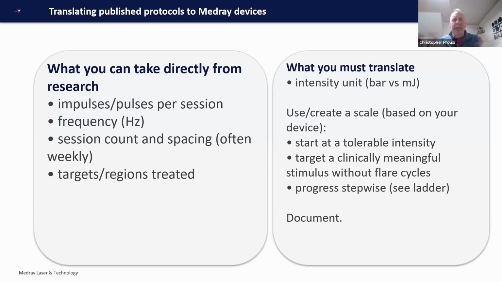But even then, it's not specific to a tissue right now. And then, what if the literature is in bar versus millijoules? That's where it gets challenging, because bar is a pressure setting, right? It's a conversion of PSI. So 1 bar is the equivalent of about 14.95 PSI. So that's just a pressure setting as it's coming out of your device.